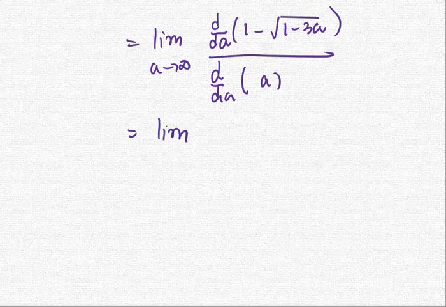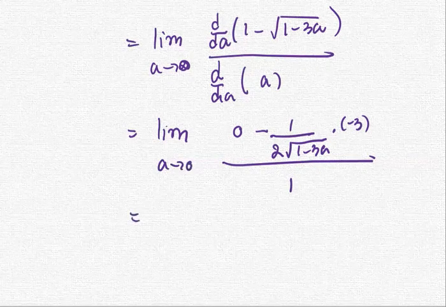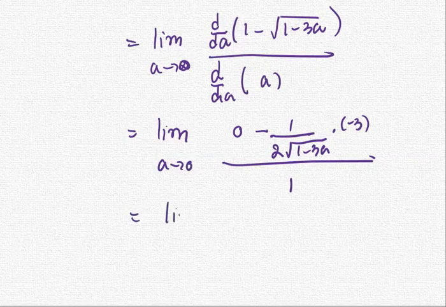The derivative of the 1 with respect to a is 0. The derivative of the square root of 1 minus 3a is 1 over 2 times the square root of 1 minus 3a, times negative 3, divided by 1 for the derivative of the denominator. As a approaches 0, simplify the numerator as is divided by 1.